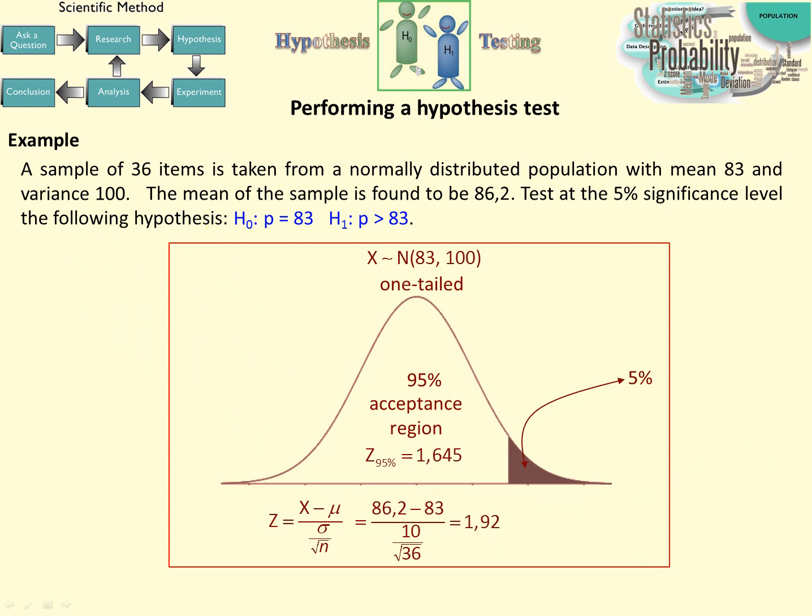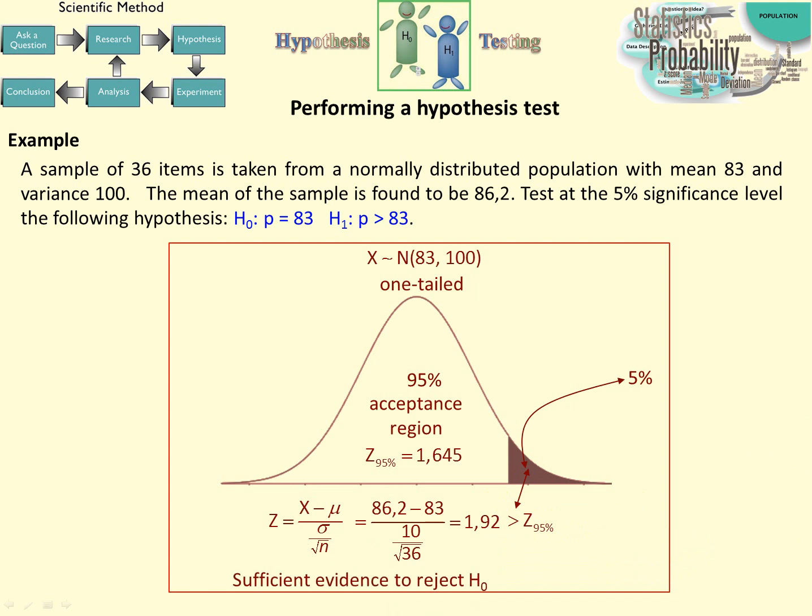That gives us 1.92. And that's inside here somewhere, which is greater than Z95, which means it's sufficient to reject H0, which means that this is actually a significant find, so something else must be causing it, except the alternative hypothesis.